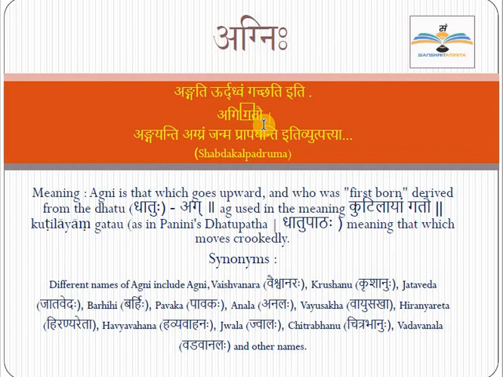Because we know wherever there is a fire, it will spread, right? Obviously, it moves very crookedly. So that is why it is called Ag, meaning to go, and it goes up, and it can go anywhere, right? Wherever the place is, it can definitely go, except water.